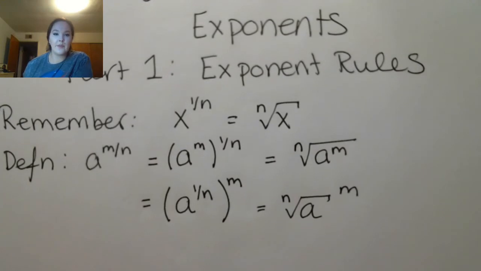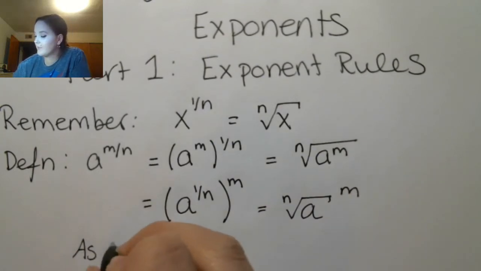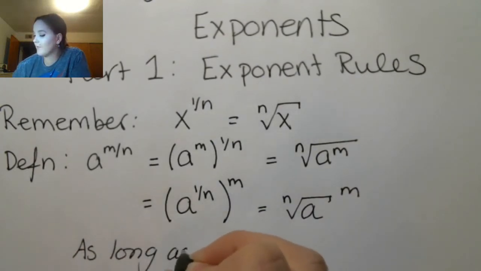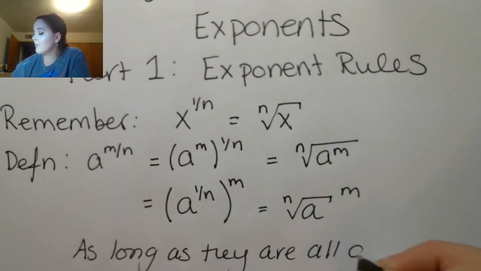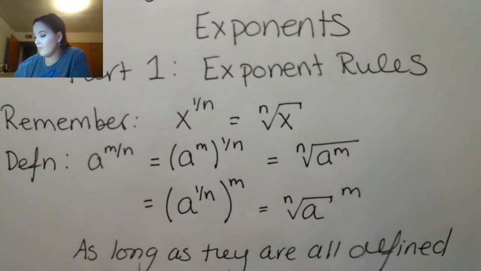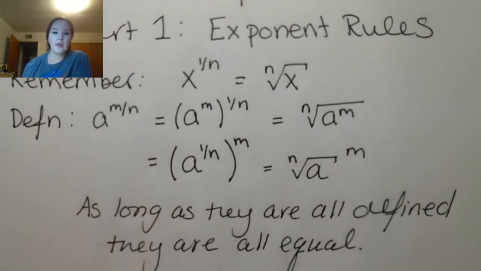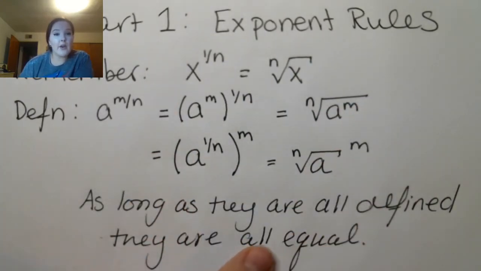Now, as long as these are all defined, these are all equal. So as long as all of these make sense, then they're all equal to one another, and it doesn't matter what definition you use.